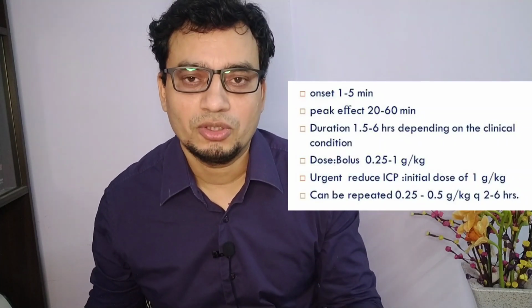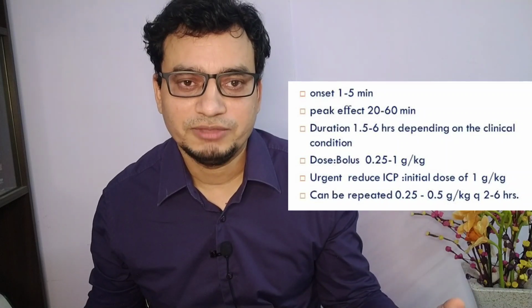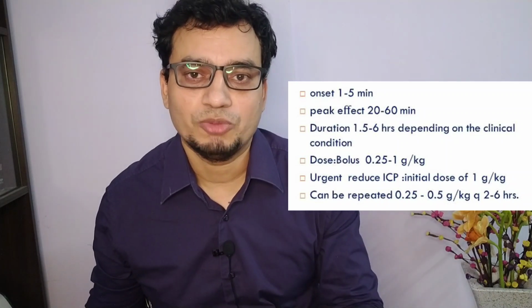The dose of mannitol varies from 0.25 gram per kg to 1 gram per kg body weight, and when you want to decrease the ICP fast, you have to use the higher dose, that is 1 gram per kg body weight of the loading dose. Monitor serum osmolarity and target this between 300 to 320 milliosmol per liter.